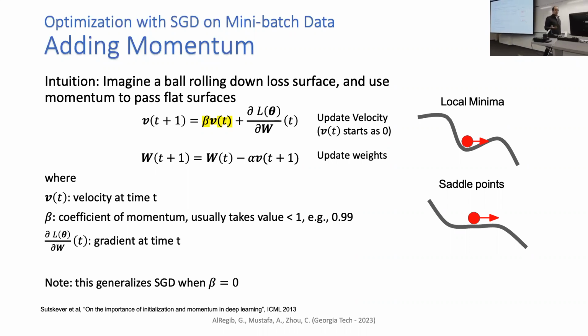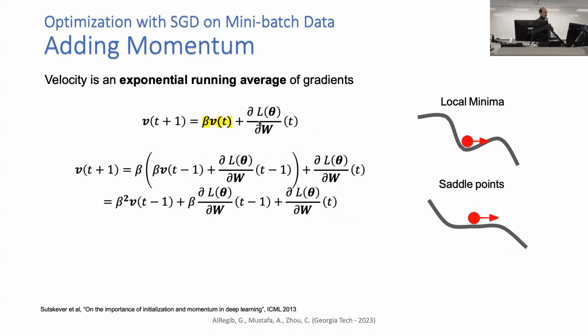If beta is equal to 0, then v at t+1 is nothing but the derivative of the loss function with respect to the w's, which is the Jacobian. So you pick beta, and it tells you how much you want to incorporate the previous Jacobians. That's basically what this whole idea is.